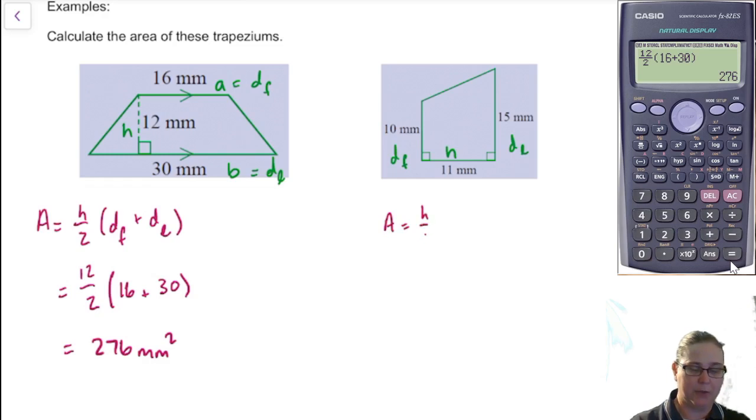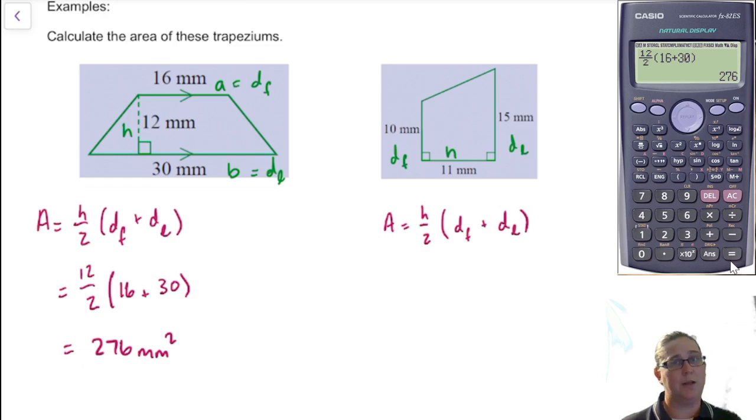Okay, let's get this area done. A equals h on 2 times (DF plus DL). Now you'll notice that F and L are subscripts, so they're not special letters that you put in for. It's the D bit that you're going to put in for. Our height this time is 11, so 11 over 2. First distance is 10, plus our second distance, which is 15.